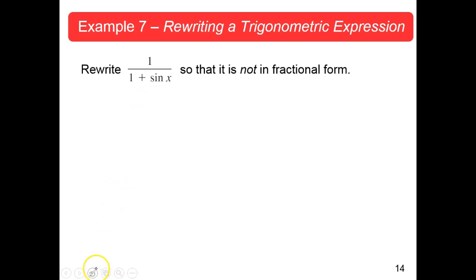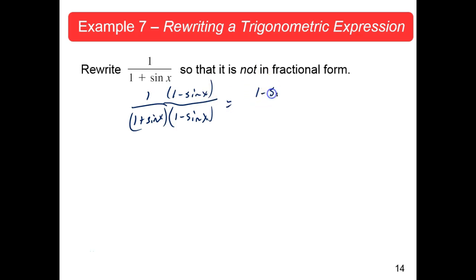So we got 1 over 1 plus sine x, and multiply by its conjugate, 1 minus sine x. If you multiply the denominator by that, you better multiply the numerator as well, 1 minus sine x, right? So I can do the numerator, it's 1 minus sine x.